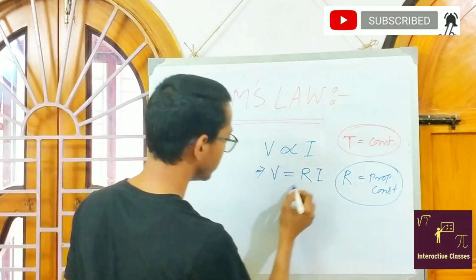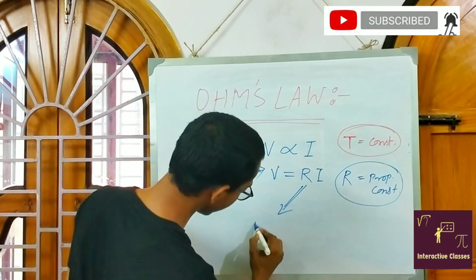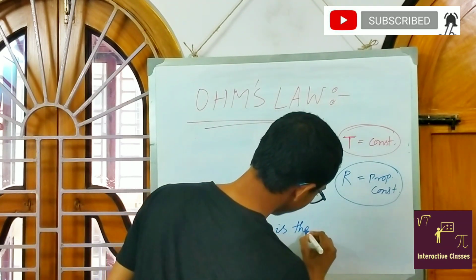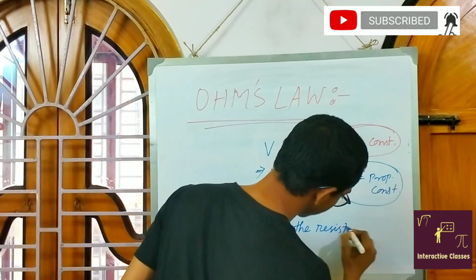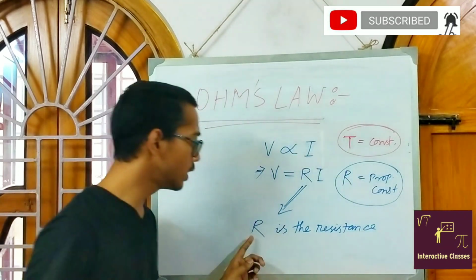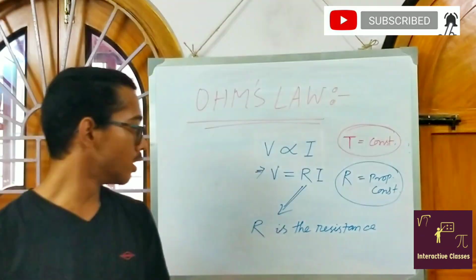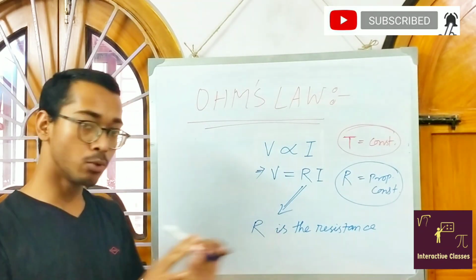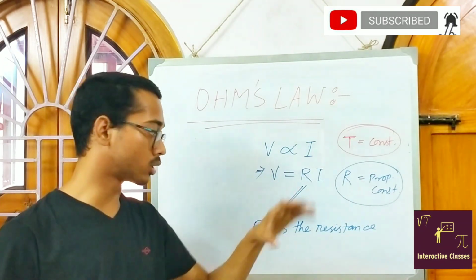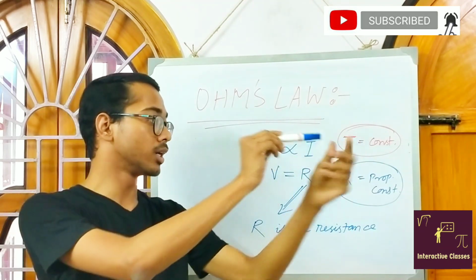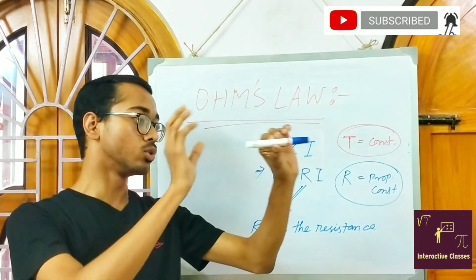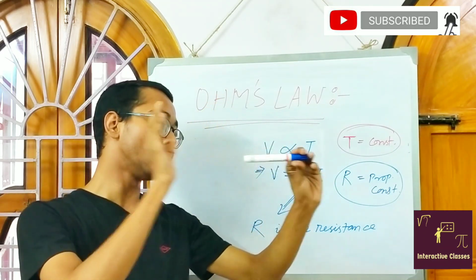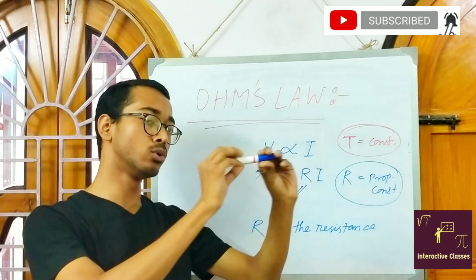Now we see this R acts as a resistance. So what is the physical importance of R? R is the property of the conductor by which it opposes the flow of the current through the conductor. Suppose this is a conductor and current I is flowing through this. If the resistance of this conductor is R, then it will oppose the current flow through it.